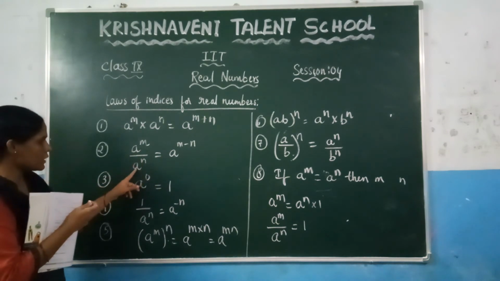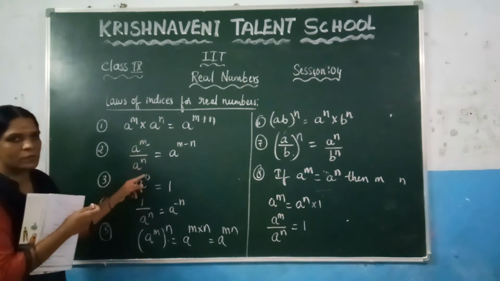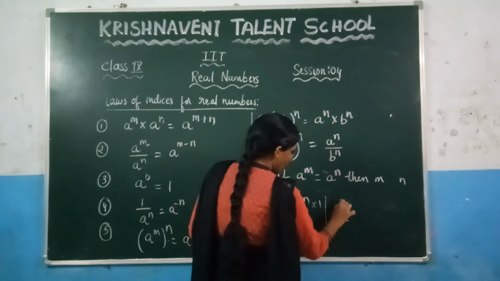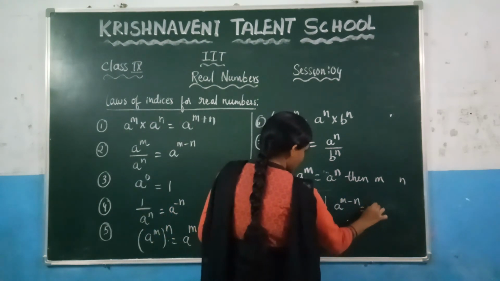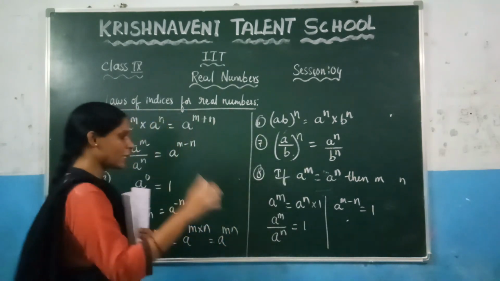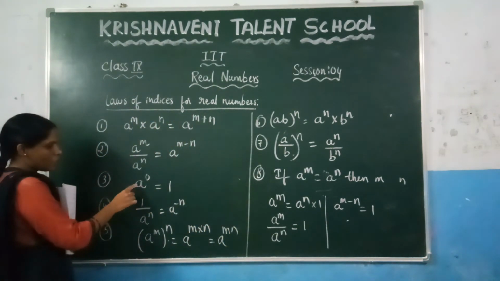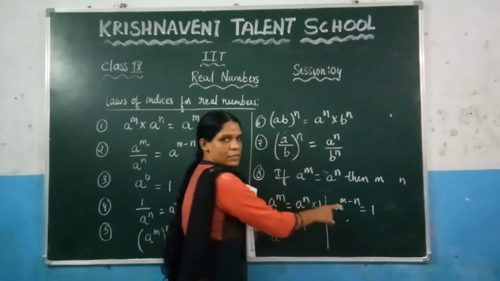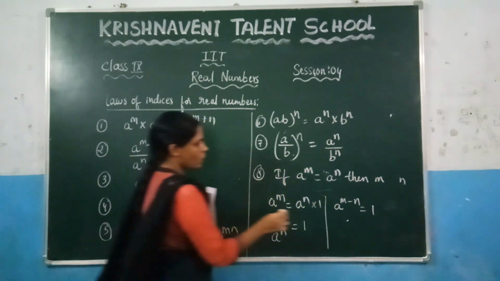You know that if the bases are the same and you are dividing, you can subtract their powers. So from this, you can write this one as a power m minus n is equal to 1. And you know that again 1, you can write it as some base to the power 0. So in this case, since the base is the same, you can write this one as a power 0.